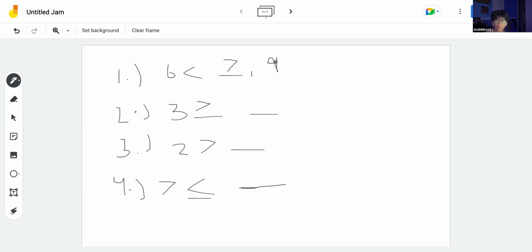Okay, so number 2. 3 is greater than or equal to what? I need 2 answers here. 3 is greater than or equal to, small number.